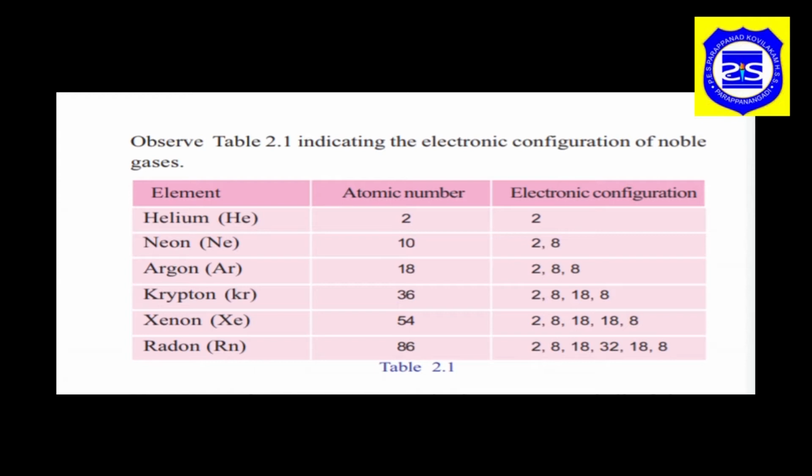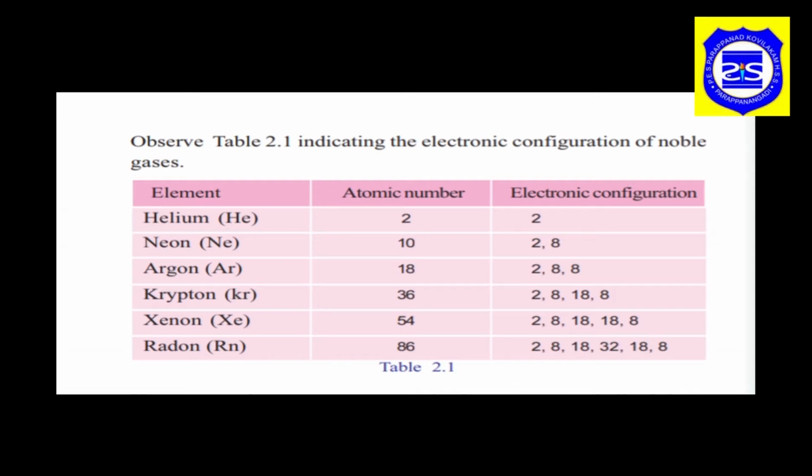Here I ask you one question. How many electrons are present in the outermost shell of these elements except in the case of helium? In the helium atom only 2 electrons, and the other elements contain in the outermost shell how many electrons? Yes, 8 electrons.